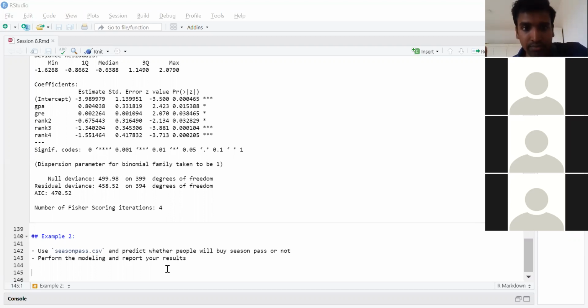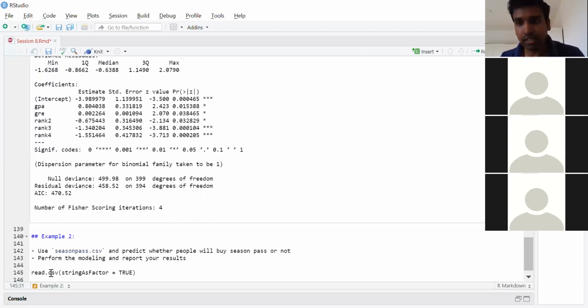Sometimes when you're reading CSV files, it may not happen automatically. If you want all the character data to be read as factors, you can set, for example, read.csv with the argument stringsAsFactors equal to TRUE, and that will work.